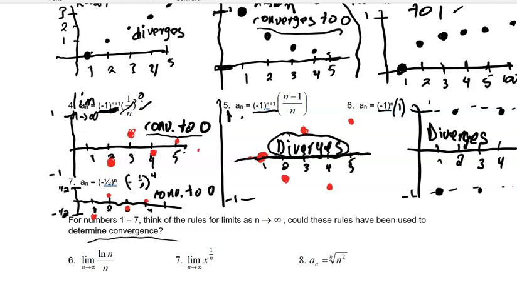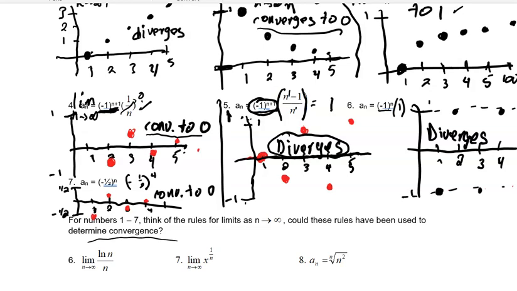The reason that one diverges is because if we just took the non-alternating part of it and asked what is the limit of this as n goes to infinity, with our degrees being 1 and 1 in the numerator and denominator, the limit of this would have been a 1. But the fact that we are alternating is why we know that we would have been bouncing back and forth between 1 and -1. And because of that, we're diverging.